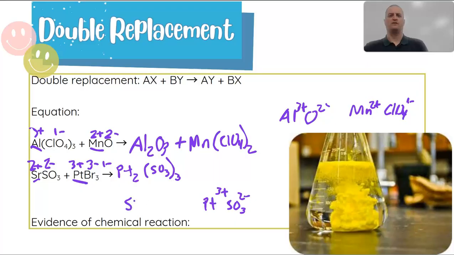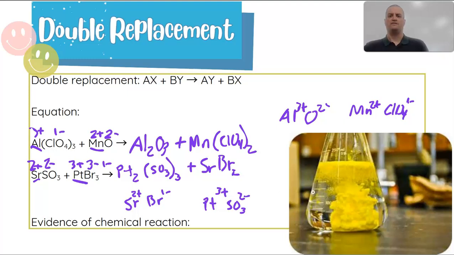Strontium with its 2 plus and bromine with its 1 minus. Crossing the charges gives me 1 strontium, and with the bromine I need 2 to cancel that out.